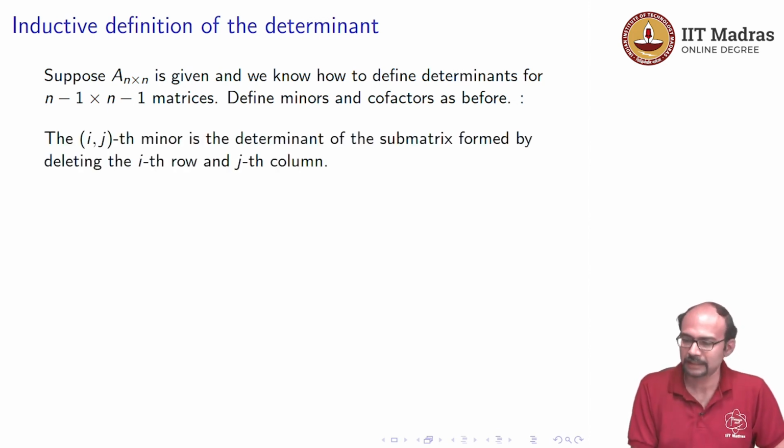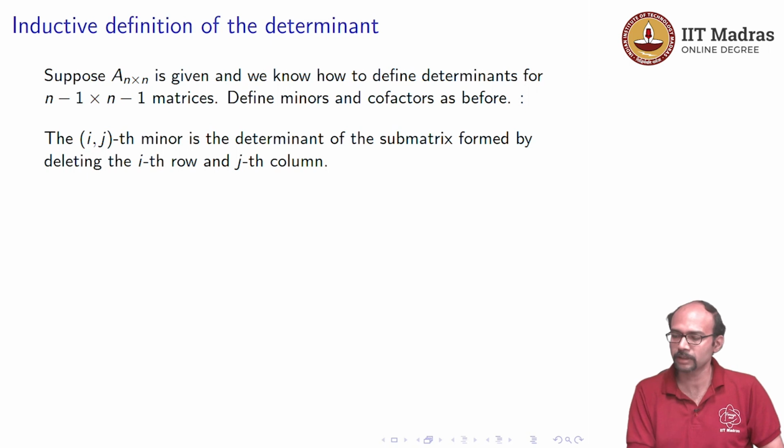The ijth minor is the determinant of the submatrix found by deleting the ith row and the jth column. We get a matrix of size n minus 1 by n minus 1, and we look at its determinant, that is called the ijth minor. This makes sense, because we have assumed that we know how to define determinants for n minus 1 by n minus 1 matrices.